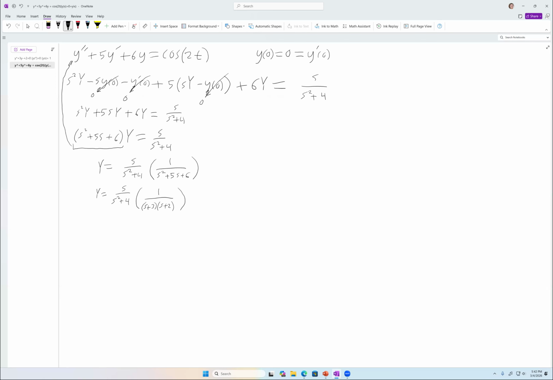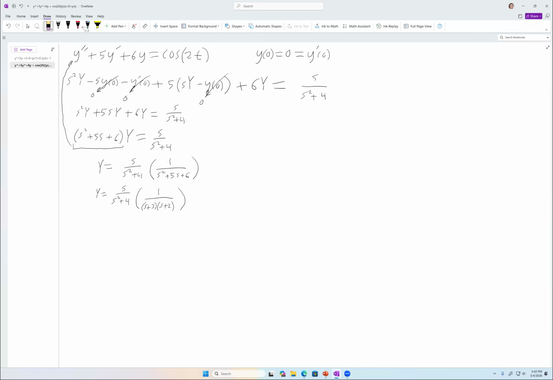And here's why we might not want to have multiplied these two together. Because if our goal is to do partial fraction decomposition, when we multiply those two together, then we have to factor them out again. Why do that when we could just keep them separate, factor this one separately, and then perform partial fraction decomposition after the fact?